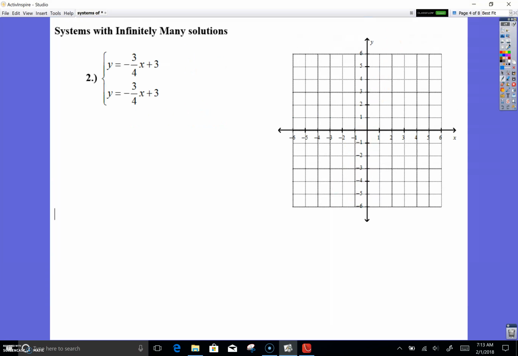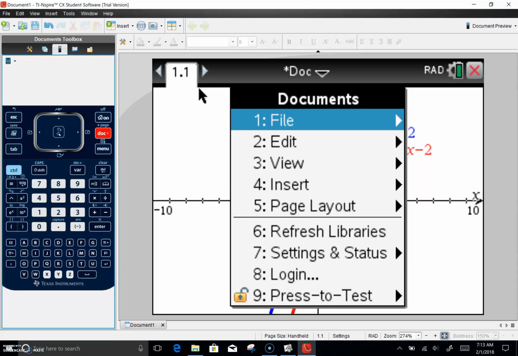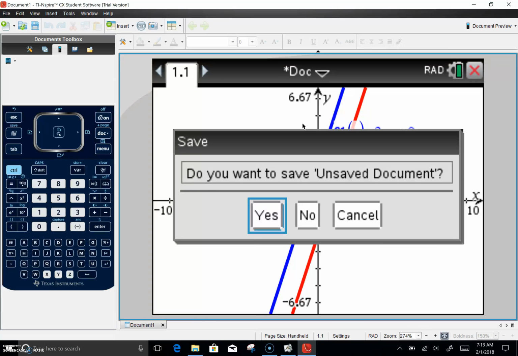Okay, so again, I'm going to grab this line right here, negative 3 over 4x plus 3. So I always like to make a new document.